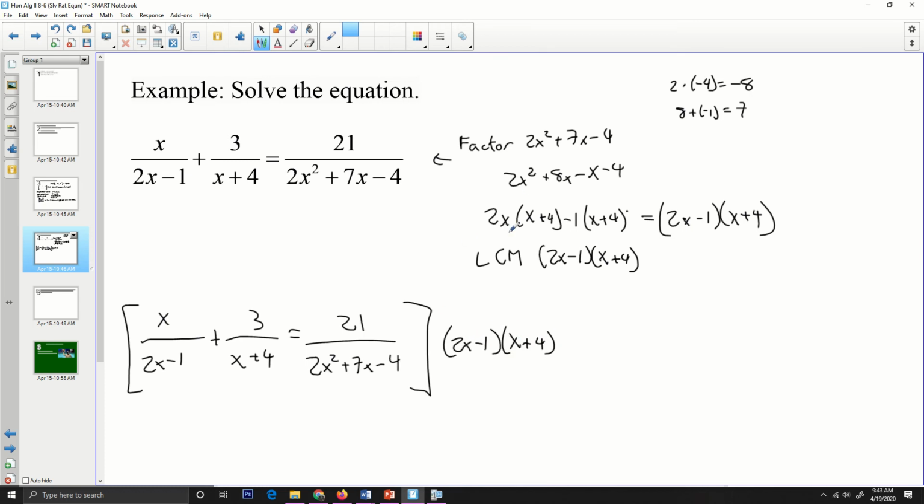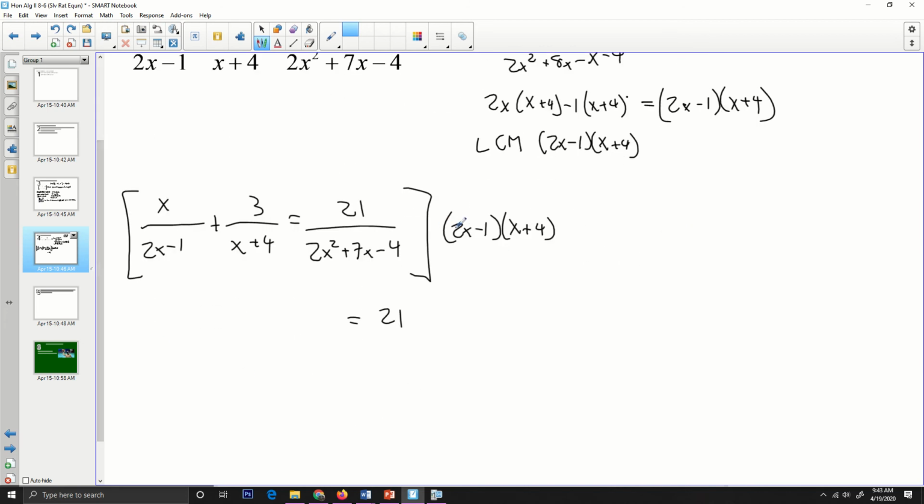Now, because this factorization is the same as this quadratic, when I distribute this factorization to this first fraction, it's going to cancel out the denominator and leave me with just 21.